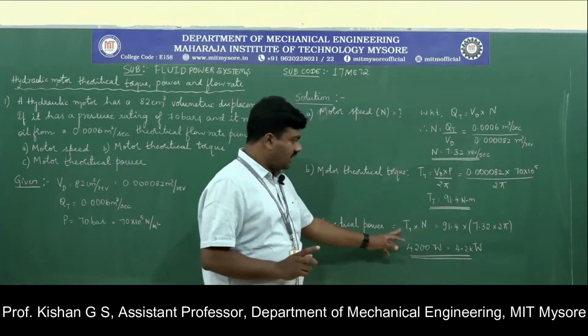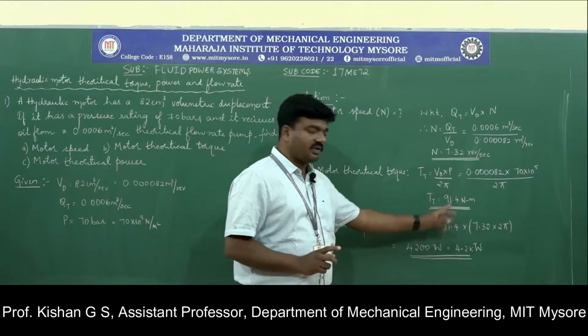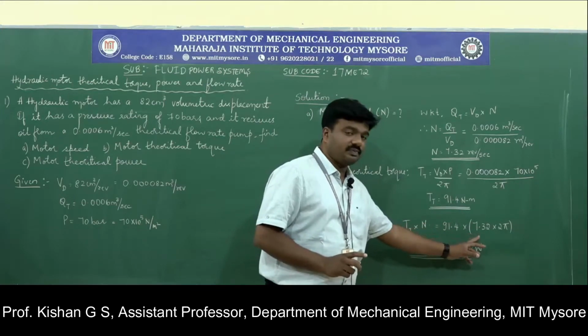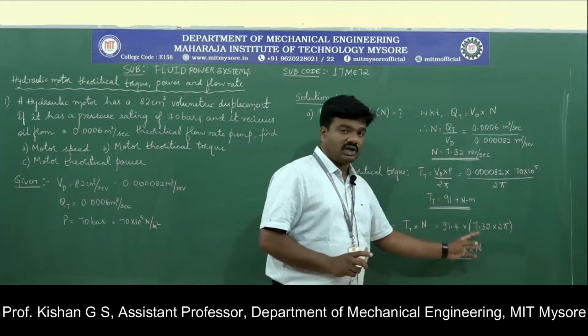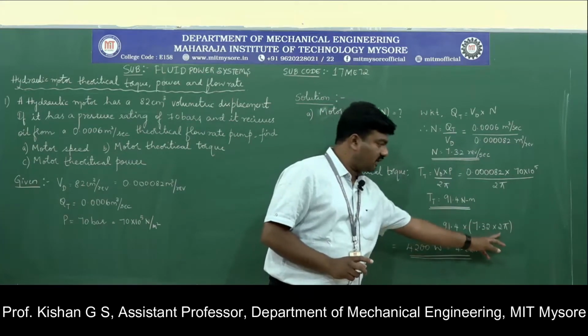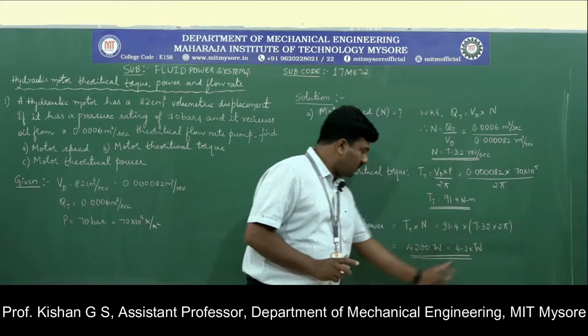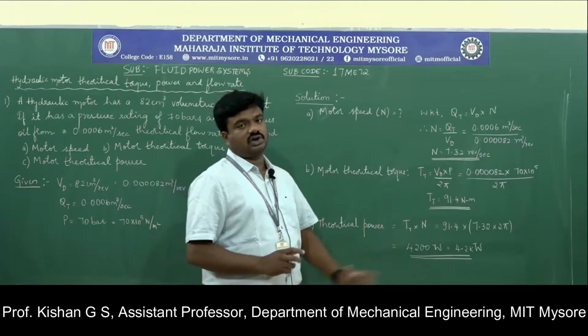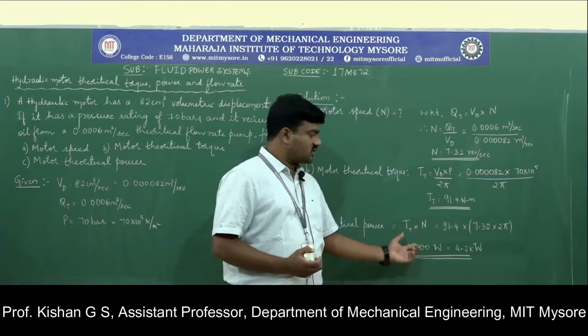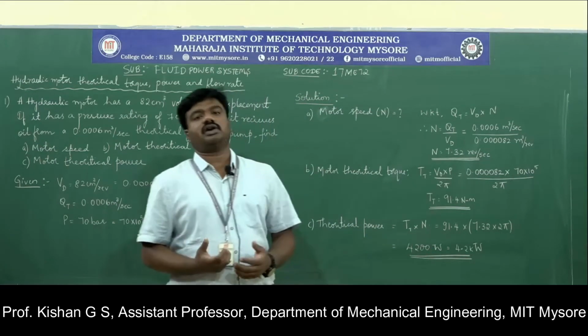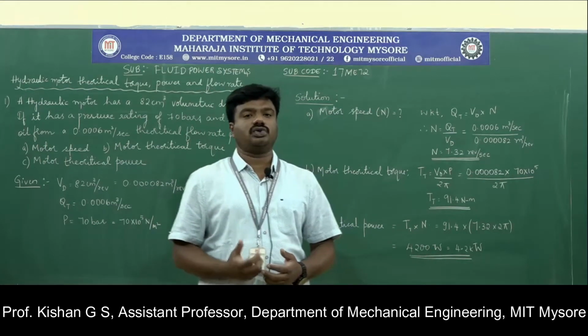Means to say that Tt into N, Tt is 91.4 Newton meter here, followed by 7.32 is the value of N in revolutions per second. To keep the value in radians per second, you have to multiply by 2 pi. So upon solving, we are going to get the value in watts, that is 4200 watt. If we convert it into kilowatt, it becomes 4.2 kilowatt.